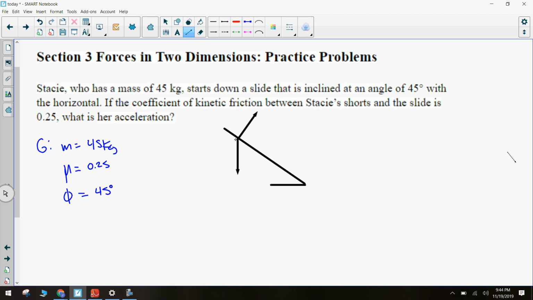There we go. I'm going to come down straight like this, perpendicular, and then that one's going to be parallel to the ramp.